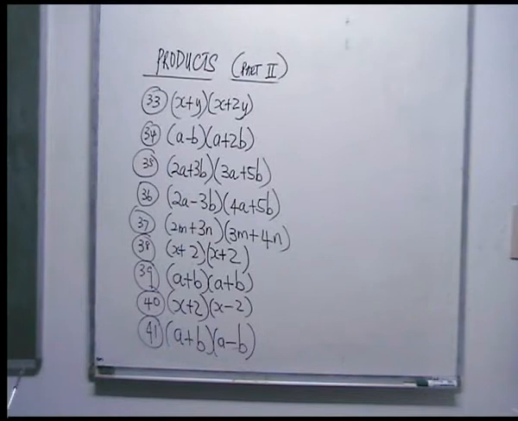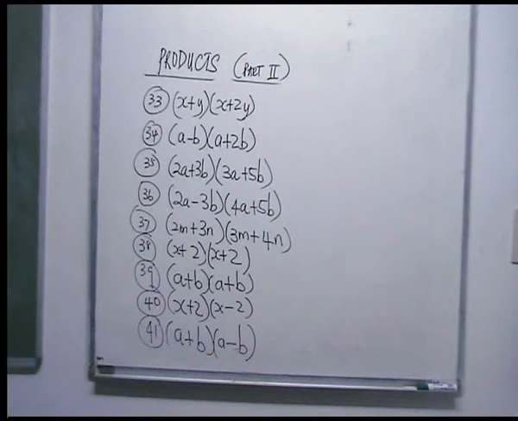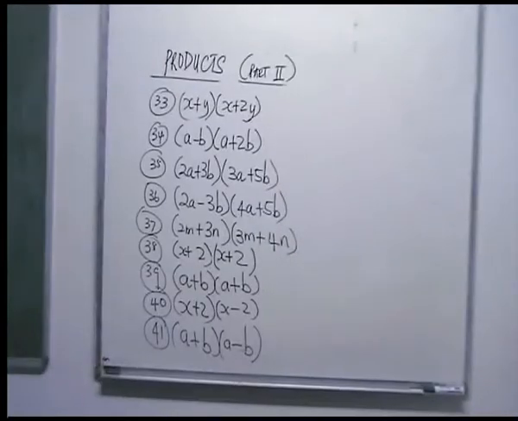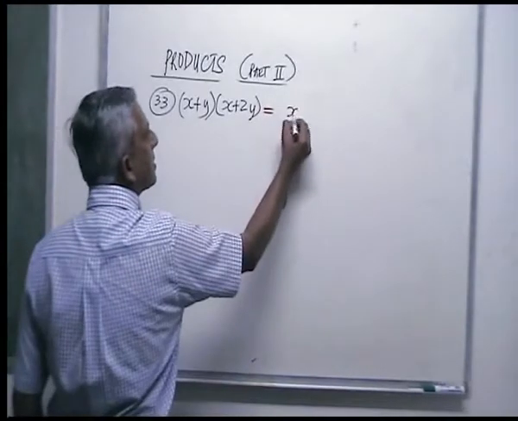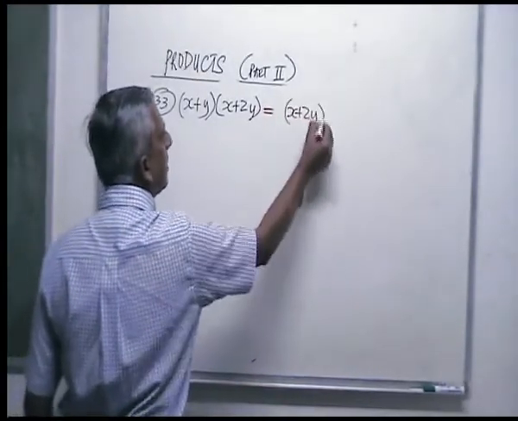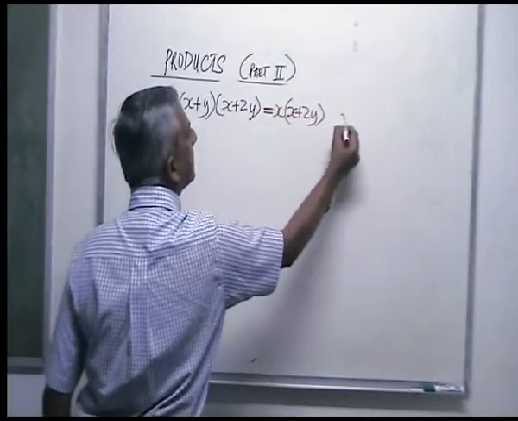Alright, so we're going to let that run for a while so that you can take it down. Alright, so here are your answers. I'm not going to talk too much unless it needs an explanation.